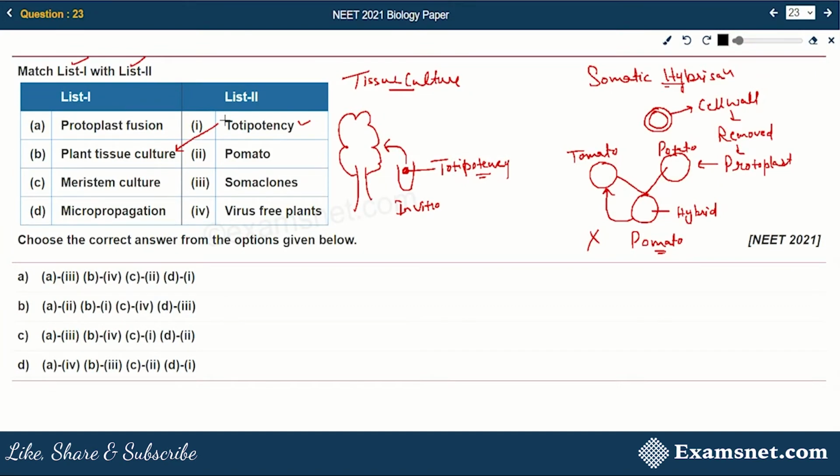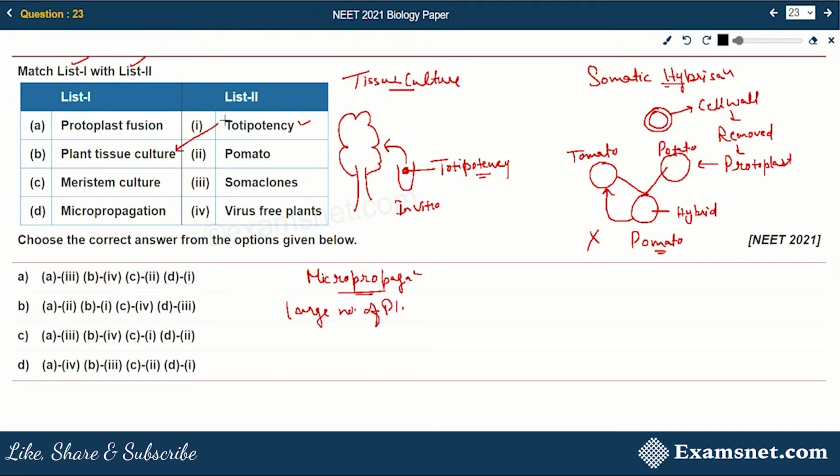Now, another application of tissue culture is micropropagation. What do you understand by micropropagation? It is basically a technique through which a large number of plants can be grown using tissue culture.